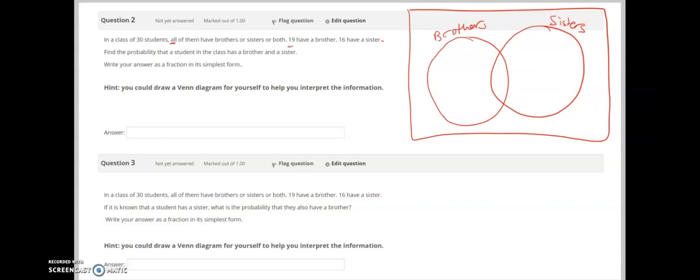So there are 19 who have a brother and 16 who have a sister, and that altogether makes 35. But there aren't 35 students in total. So by taking away the 30, that gives me 5, which is the number of students who have both brothers and sisters.